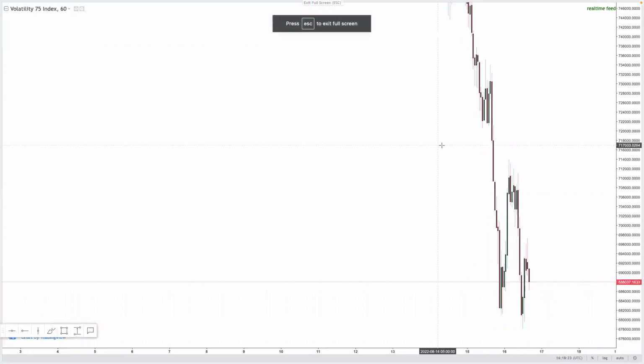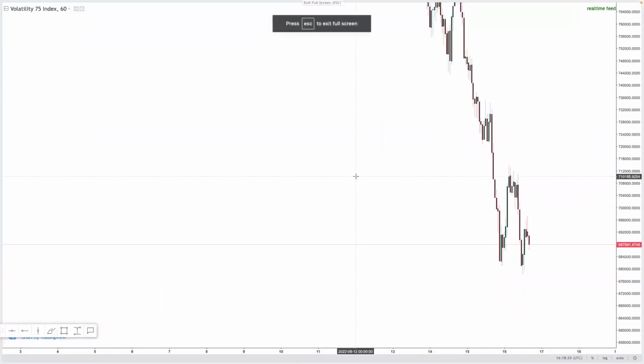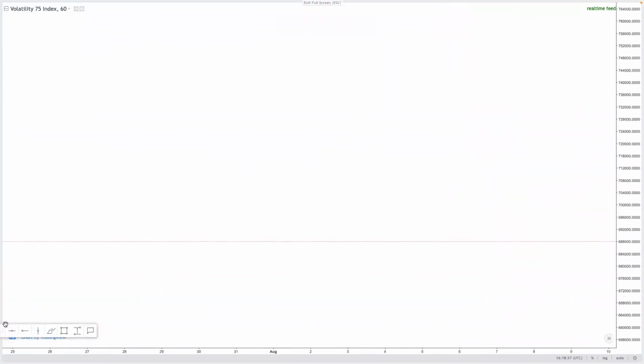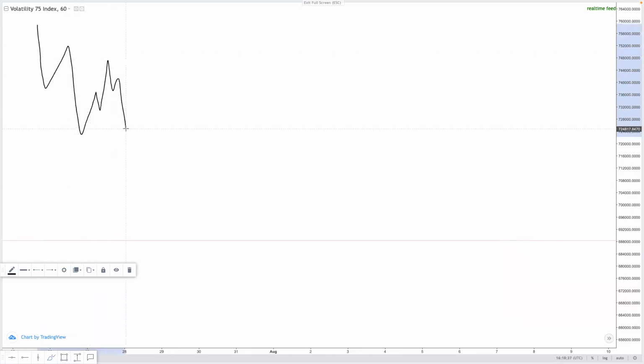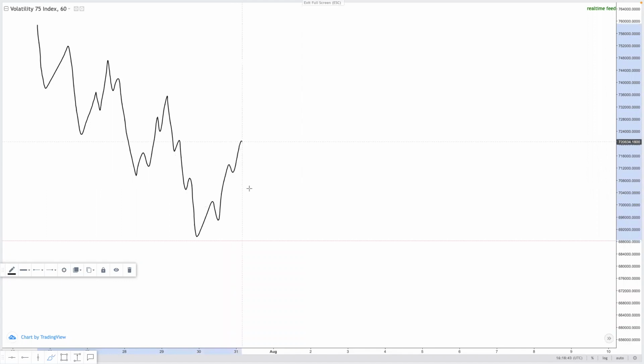Okay. So when you talk about the structure retest, let's say we have a downtrend. This is the downtrend. When you talk about the structure retest, these are the highest points and the lowest points in a trend.